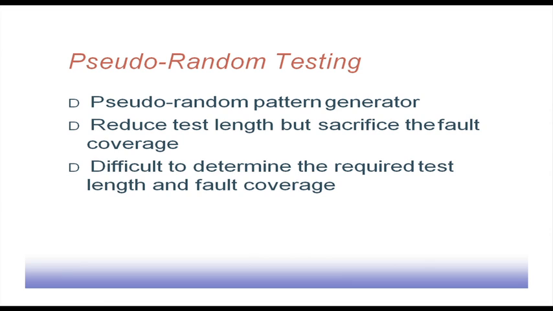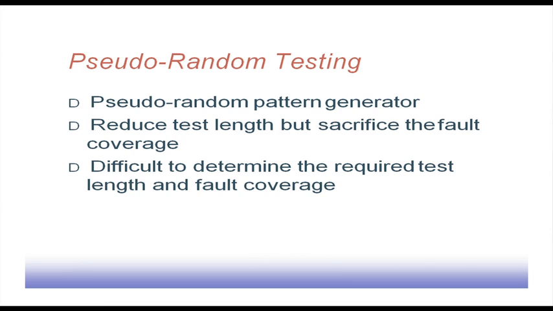But as we have told in some class earlier, even if you apply random patterns, it is normally seen that about 80% of the faults may get detected by the random patterns themselves. So it is possible that we apply some pseudo random testing, using a pseudo random pattern generator.